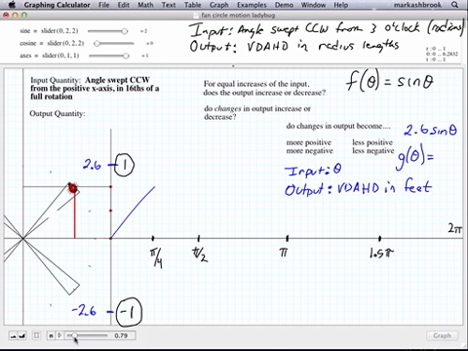Go back to the screen, and we're going to do f of. You're not going to do the f of part, I'm just writing that. F of pi over 4 would be, here's what you're going to put in, sine of pi over 4. So everyone do that. Sine, put parentheses around it. Sine of pi over 4.